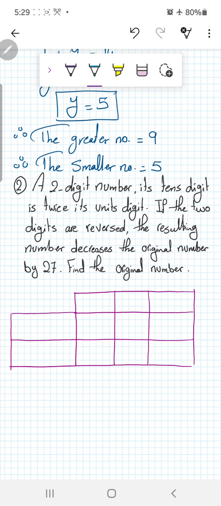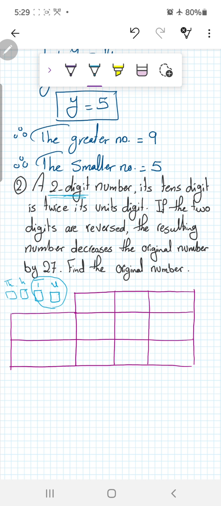Number 2. A 2-digit number, its tens digit is twice its unit digit. Let's remember, if we have any number, we call the places unit, tens, hundreds, thousands, and so on. Here we have 2-digit numbers, so we have tens and unit.